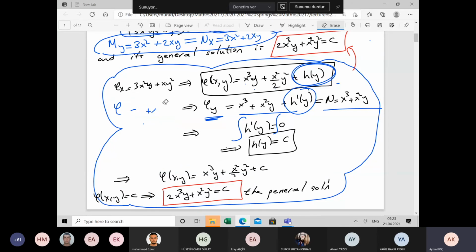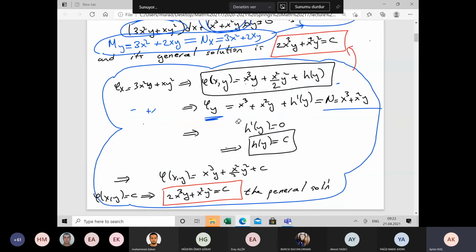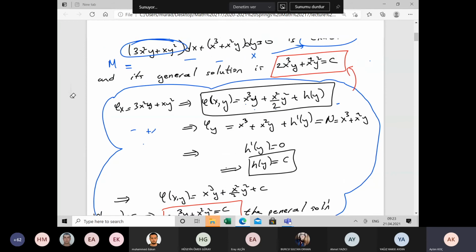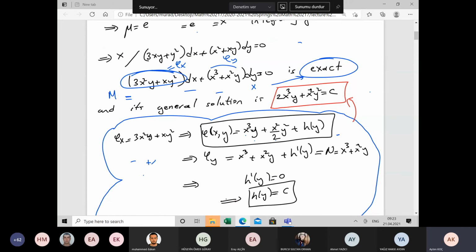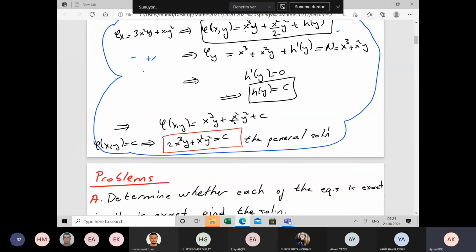Any question? And here, the last point: this one is the general solution of our differential equation, but of which equation?